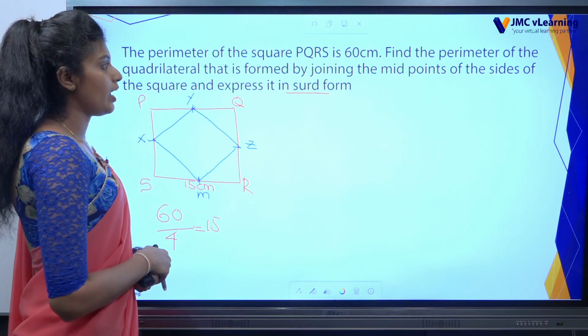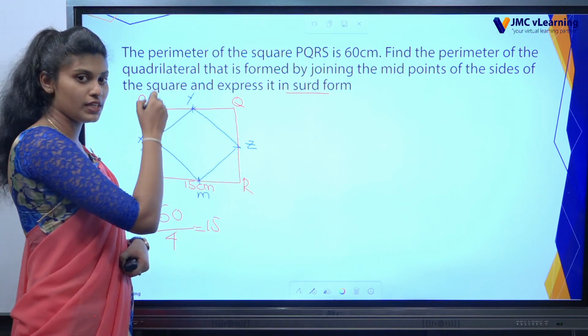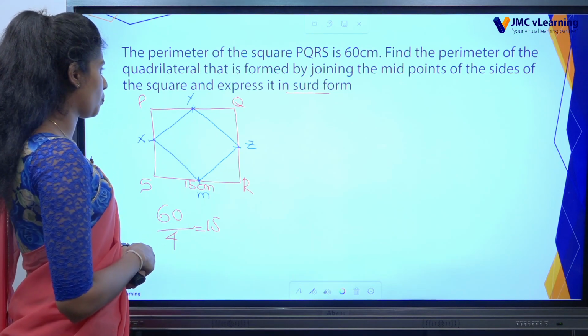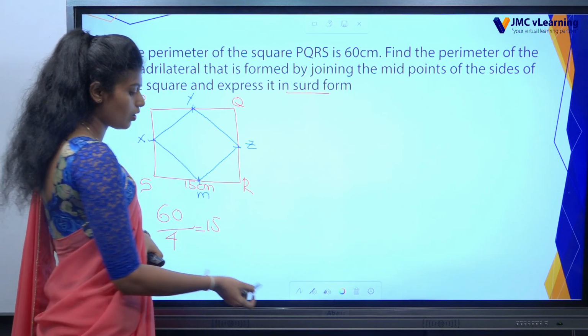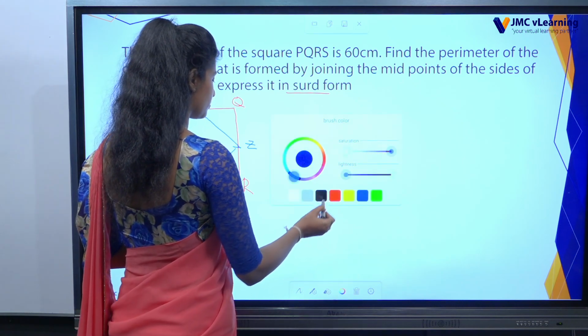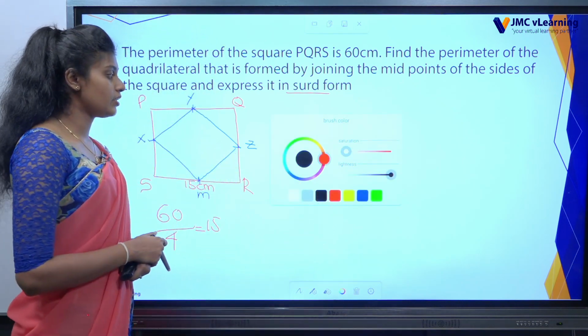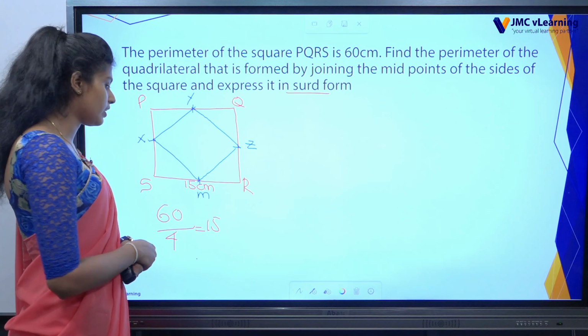Now we have to find the perimeter of this blue color part. So how can you find this one? Then we can use the midpoint theorem here.